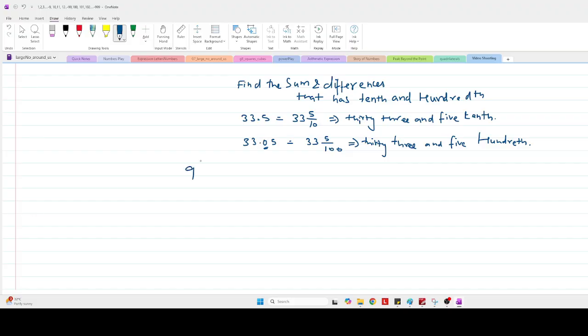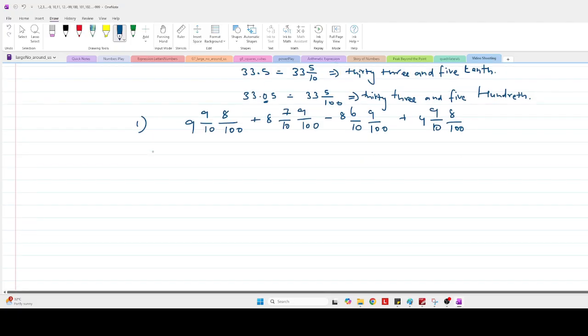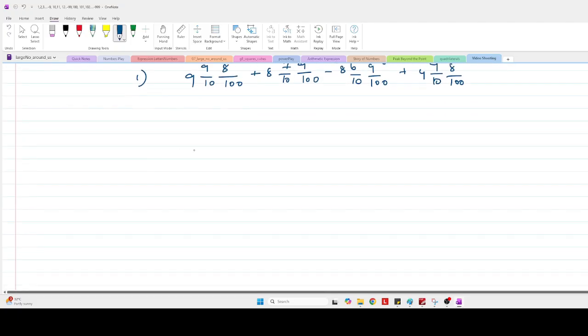Now 9 and 9/10 and 8/100, plus 8 and 7/10 and 9/100, minus 8 and 6/10 and 9/100, plus 4 and 9/10 and 8/100. Okay, so we are going to see how to solve these sums. Please follow it carefully.